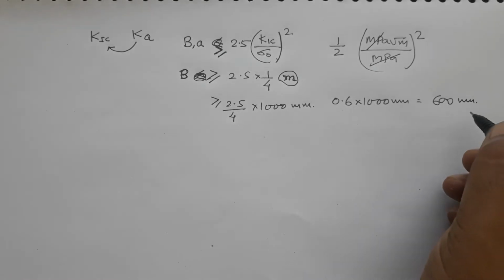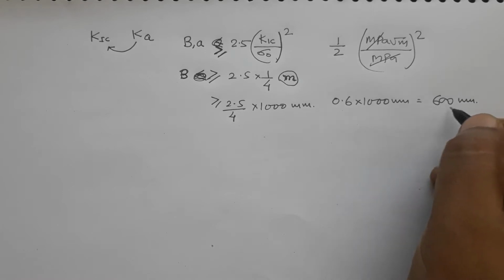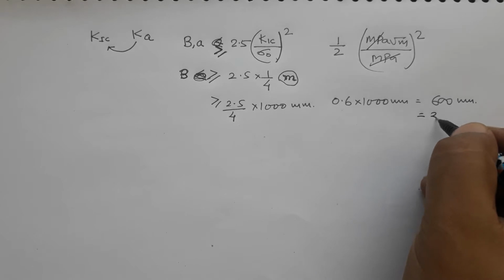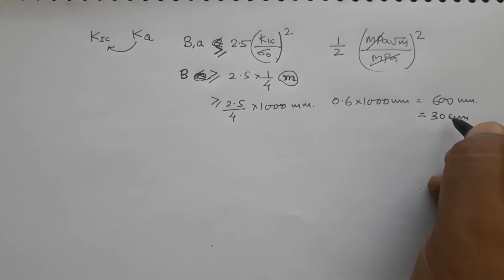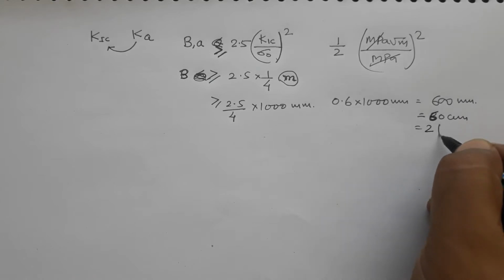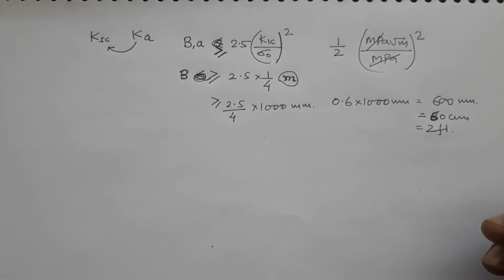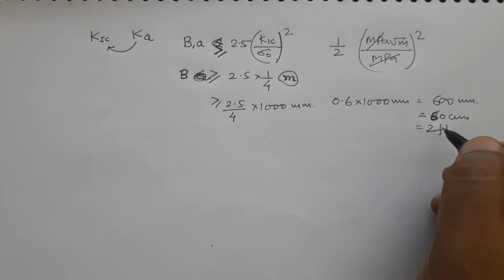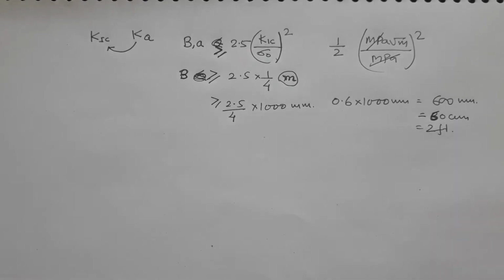How much is 600 millimeters? If you change it into centimeters, it will be 60 centimeter, which is approximately 2 feet, right. So, you want to make a specimen which is 2 feet thick.